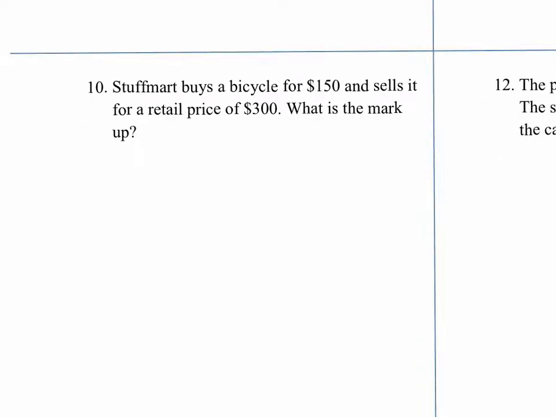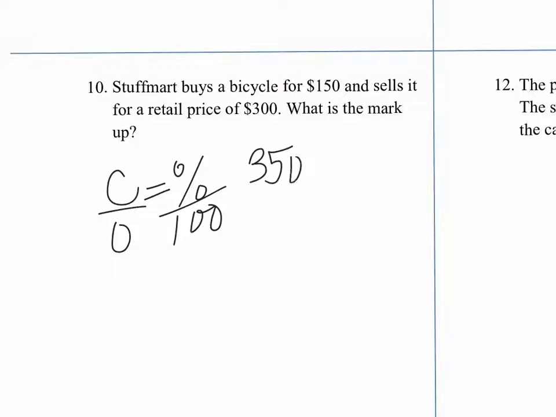Number 10, Stuff Mart, aka you know what, buys a bicycle for $150 and sells it at a retail price of $300. What is the markup? You have to take the change over the original to give you the percent of markup, percent out of 100. 300 is the retail price minus the 150.